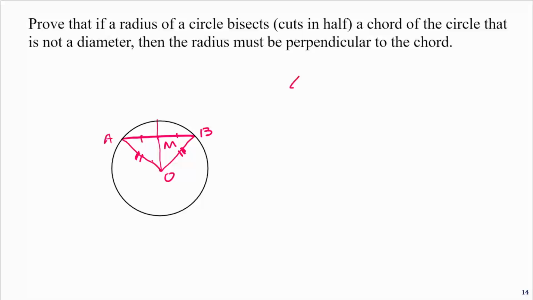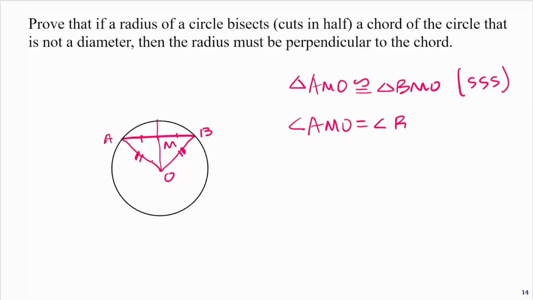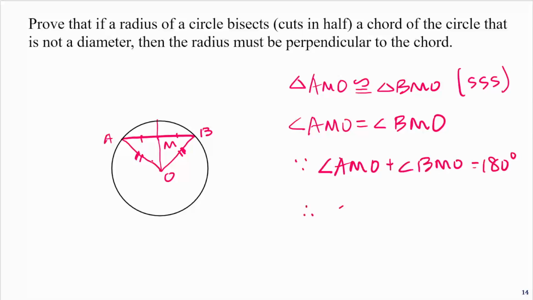And specifically, we have triangle AMO is congruent to triangle BMO by SSS. So we have angle AMO equals angle BMO. Also, since angle AMO plus angle BMO equals 180 degrees, then we know angle AMO equals angle BMO equals 90 degrees, right?